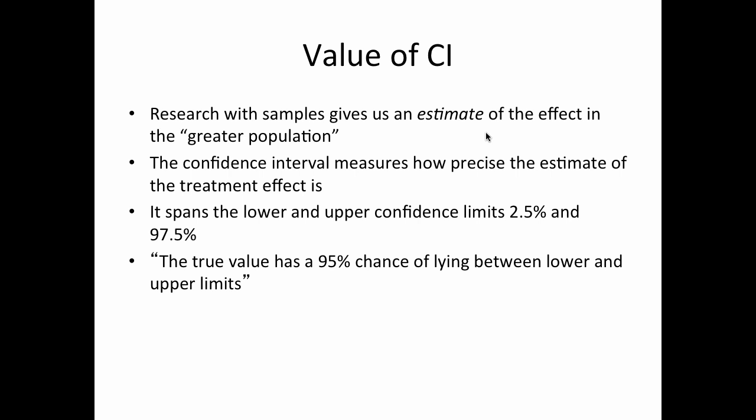This isn't strictly statistically true, but it's good enough for clinicians like you and me. So just to recap, if we've calculated the mean from a sample and used that to calculate the confidence interval, we can say that the true mean, the true value, has a 95% chance of lying between the upper and the lower limits.